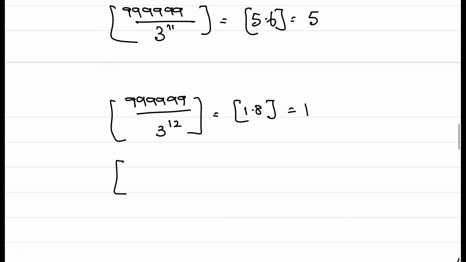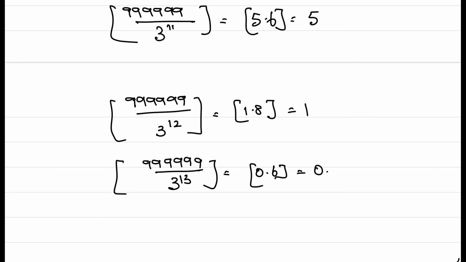Then 999999 by 3 to the power of 13 is equal to 0.6, that is equal to 0. Stop here. When you get the 0 value, stop.